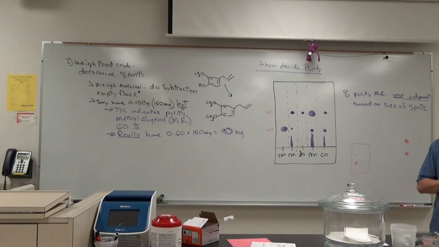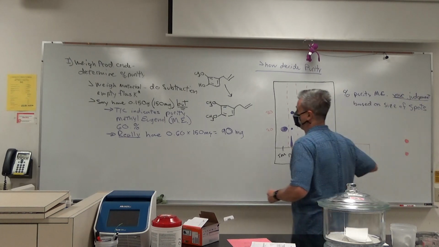Does that make sense, how we decide the purity? Like I said, take a picture under the UV lamp and everything like that. Why don't you bring up the picture and we'll take a look at it together, and I'll let you make the estimate, but I'll hear your reasoning. Does that sound good? Oh, great.